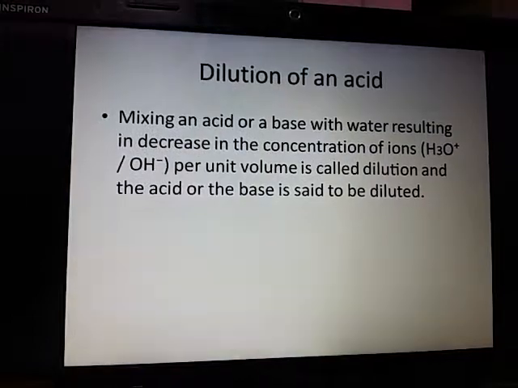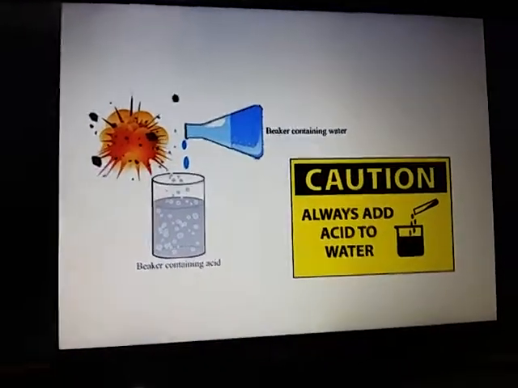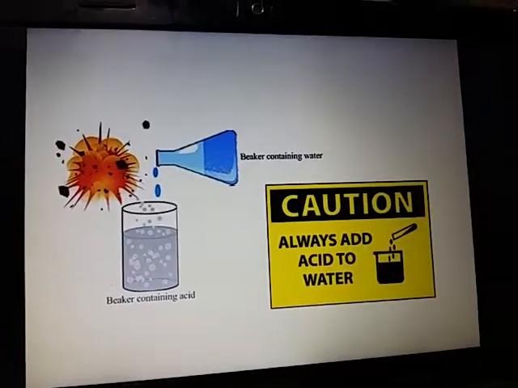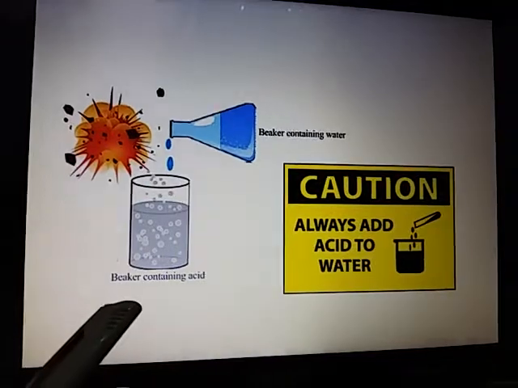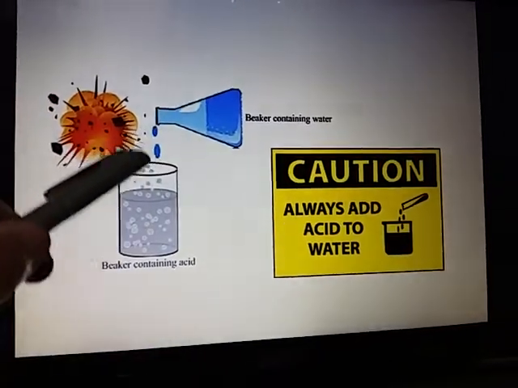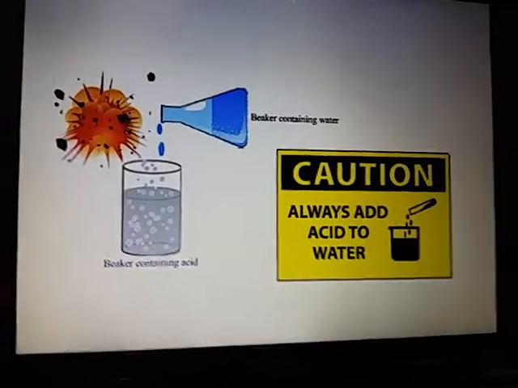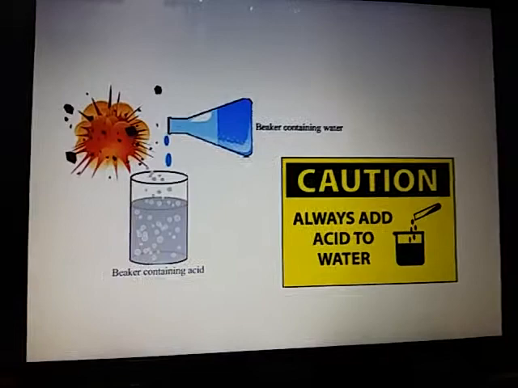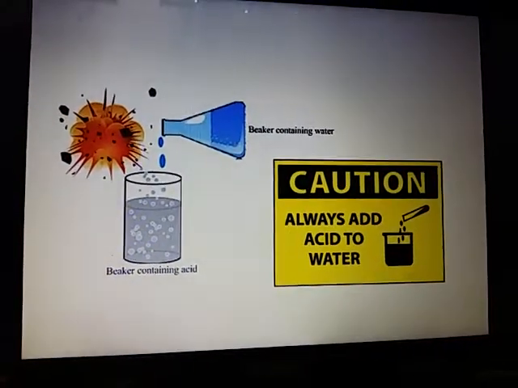So we will see what is the correct method of adding or diluting an acid or base. So here what is shown, a beaker containing acid, and if water is added to it, then what will happen? Yes, it is very dangerous, because dilution of an acid or a base is an exothermic process.